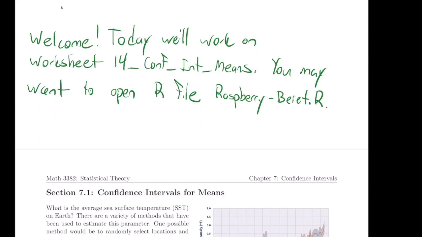So the plan for today is to start talking about Chapter 7, which is dealing with confidence intervals. The good thing is we've worked with these before from a simulation point of view, doing bootstrapping.